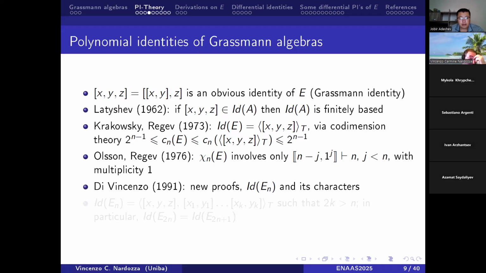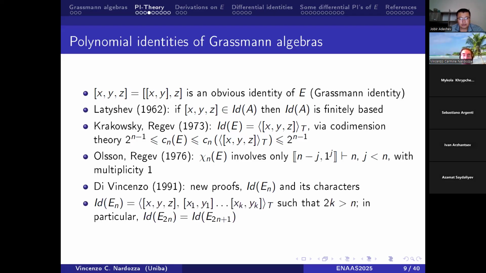Some years later, Vincenzo gave a new proof of the Krakowski-Regev theorem and studied also the identities of the finite-dimensional Grassmann algebras and the characters arising from these algebras.